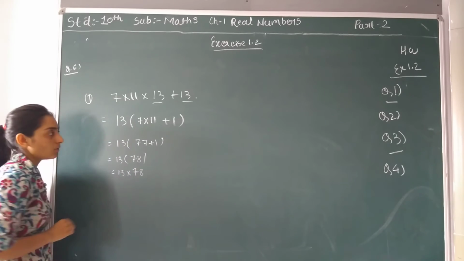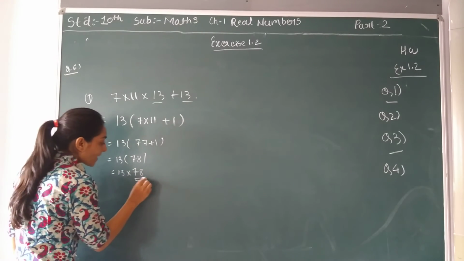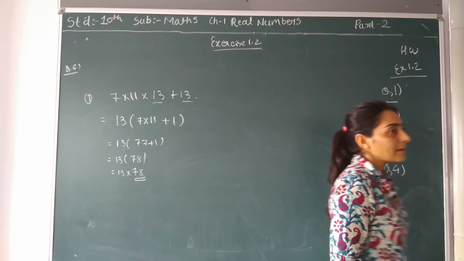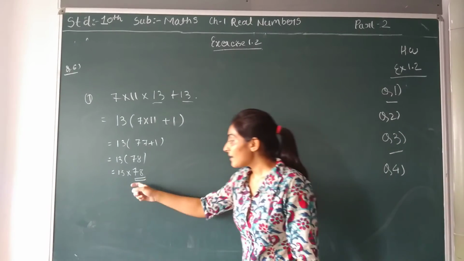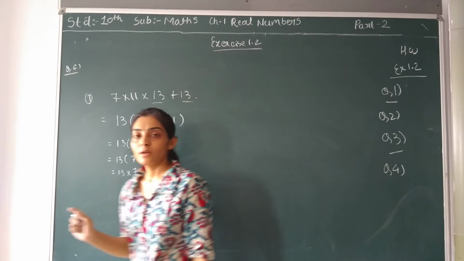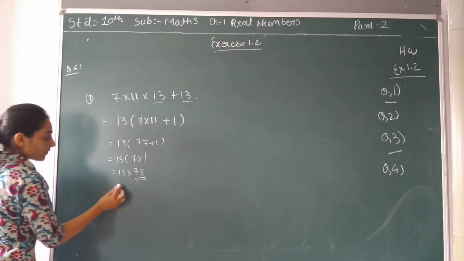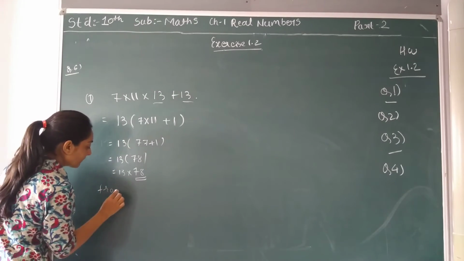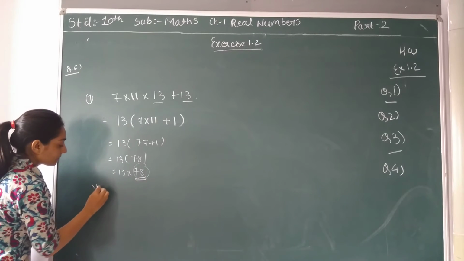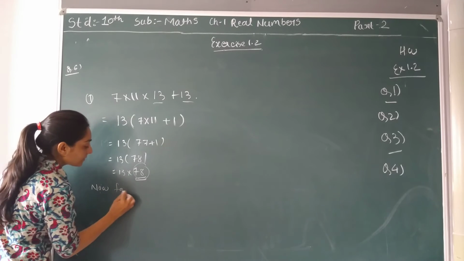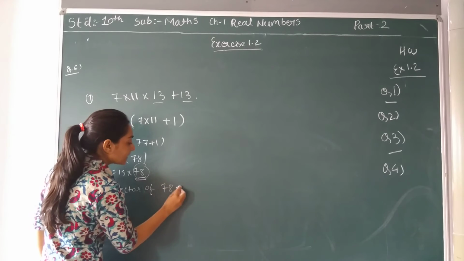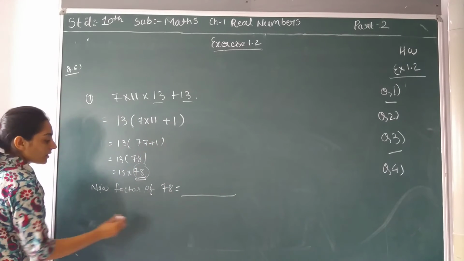Now as you can see over here, if you find the factors of 78, 78 is an even number and you can find so many factors. Many factors of 78. So you have to find the factors of 78.